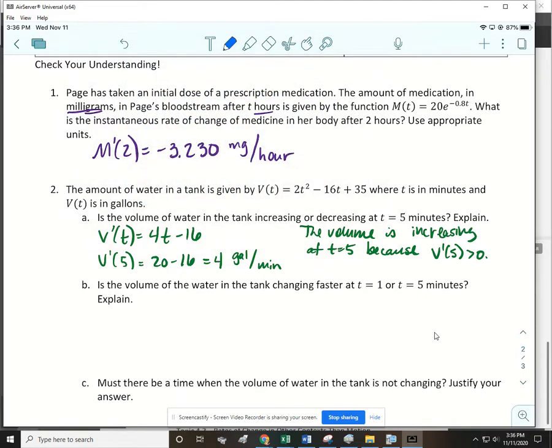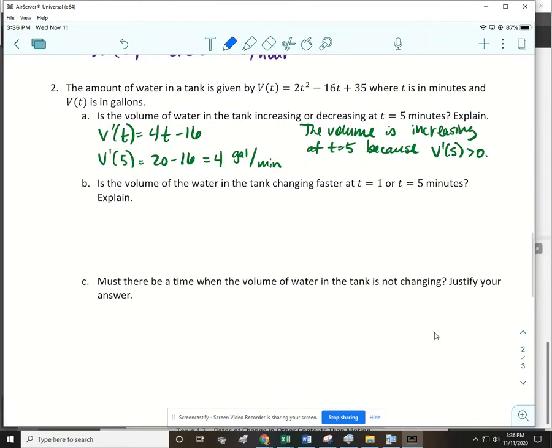Okay. For B, is the volume of water in the tank changing faster at t equals 1 or t equals 5? We already know how fast the water is changing at t equals 5 minutes. So we'll just take our V prime and plug in 1, and we get negative 12 gallons per minute.